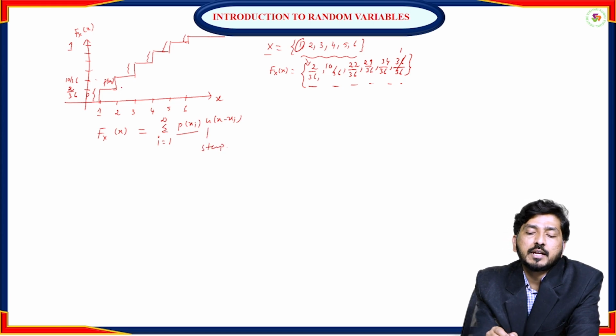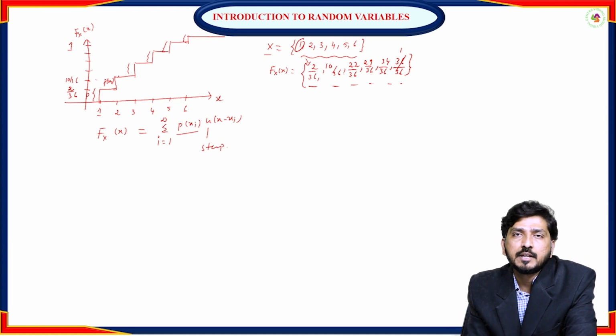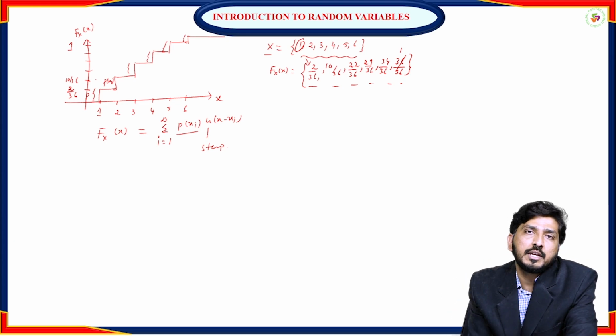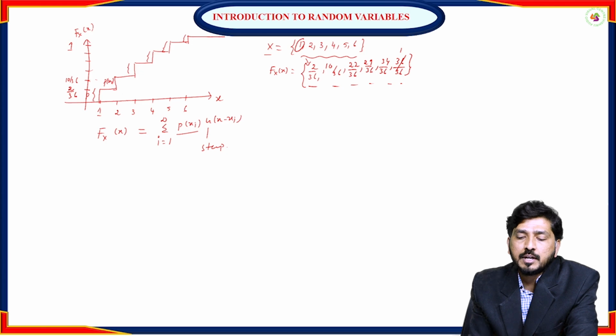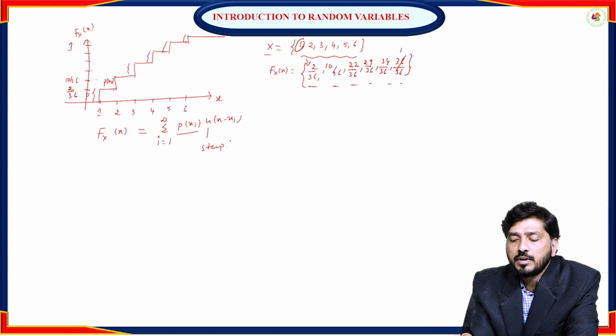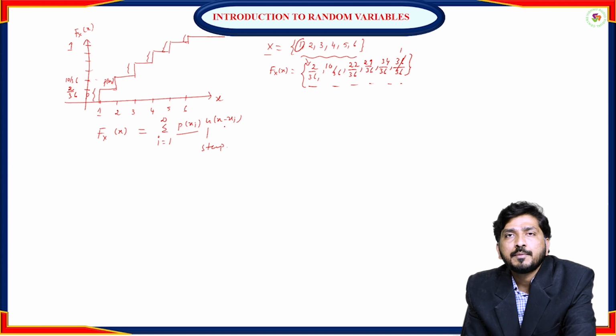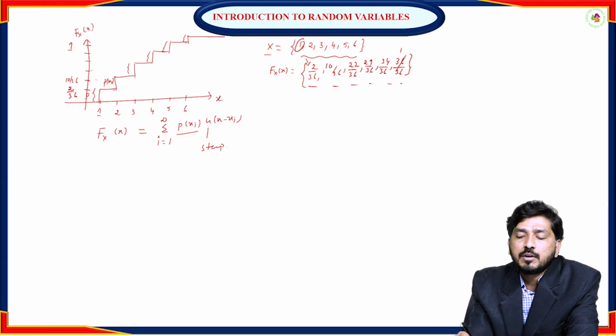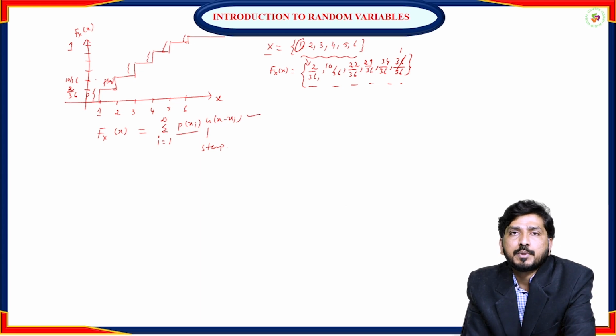Why? Because here the graph is in the form of a staircase. Usually the staircase function is represented by a step function, which has a shift to the right, so we write u of x minus xi. This is how to express the behavior in the form of mathematical notation.